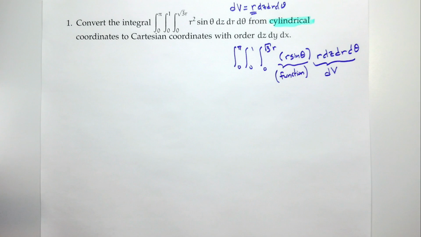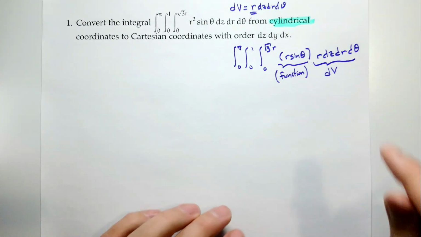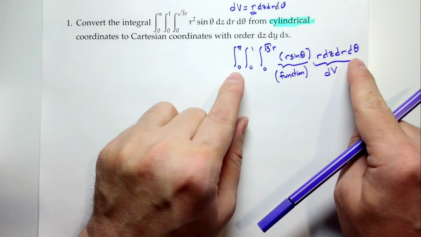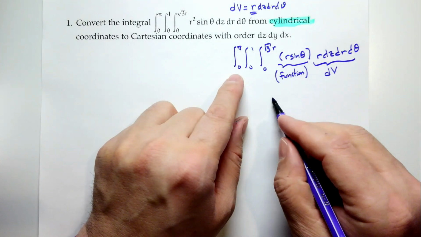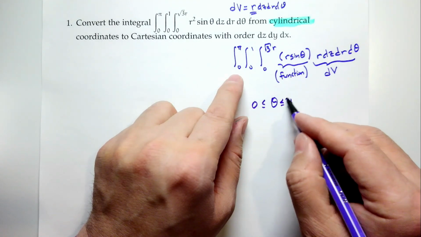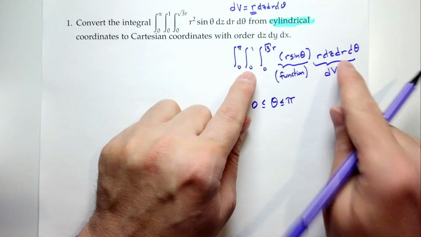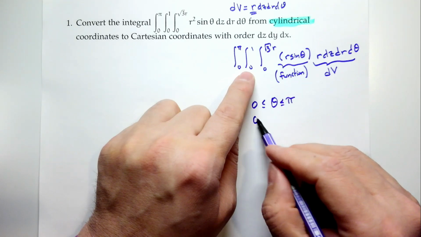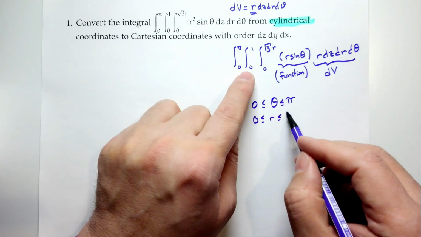And now, of course, we have our bounds. So let's think about what our bounds tell us. Going from the outside, theta is going to go between 0 and pi. r is going to go between 0 and 1.